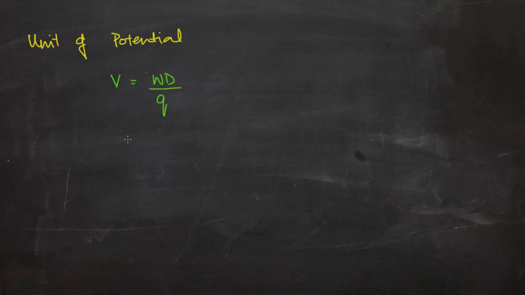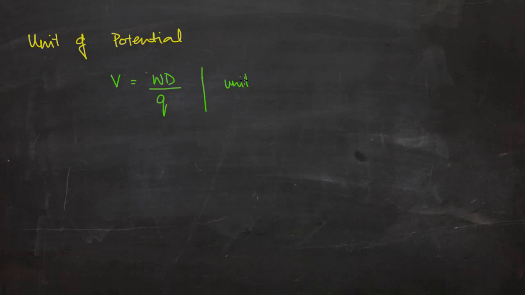Let us now have a look at the unit of potential. We've seen that potential, denoted by the capital letter V, is equal to the work done per unit charge. So what do you think would the unit of V be?